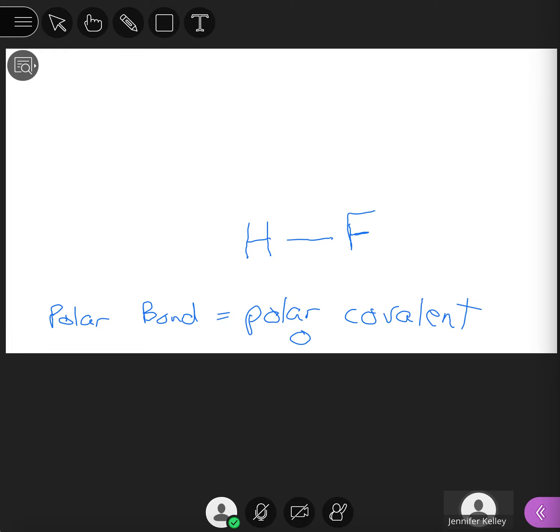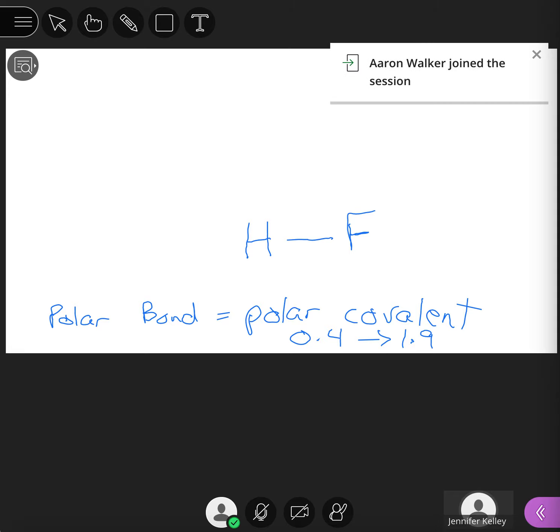So the electronegativity difference would be between 0.4 and 1.9. So for this one, fluorine is 4, hydrogen is 2.1, so when we subtract them, we get a polar covalent bond.